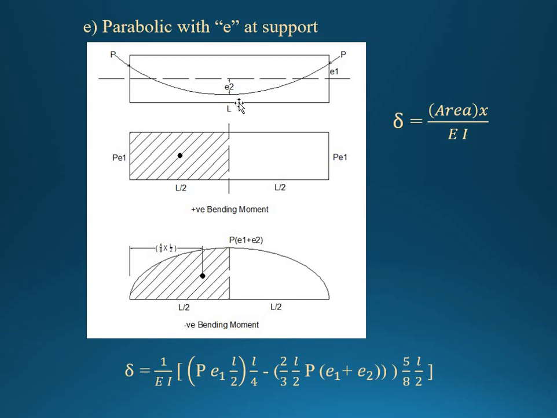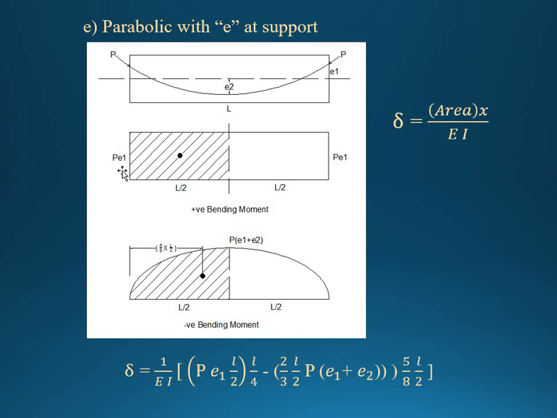Like that, first of all, we don't have any standard formula for this kind of a profile. So what we should do is we should consider both the areas, bending moment areas, then we should add and solve for delta. Because of this cable present above the neutral axis, I have written a first bending moment variation, that is it will be rectangle.